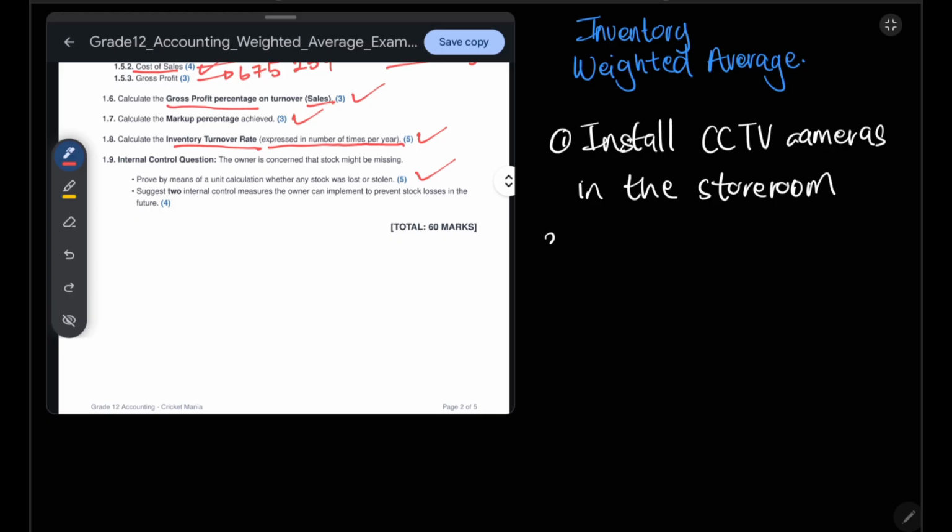Then they could also regularly count their inventory, right? So let's say conduct regular and unannounced physical stock counts, so that people don't know.